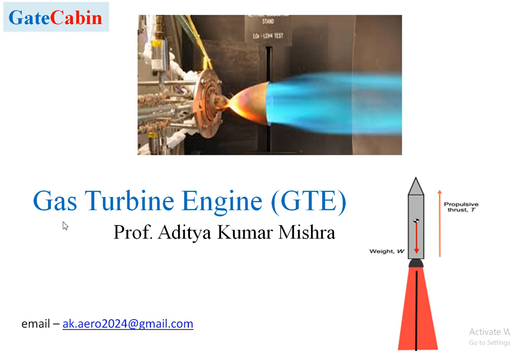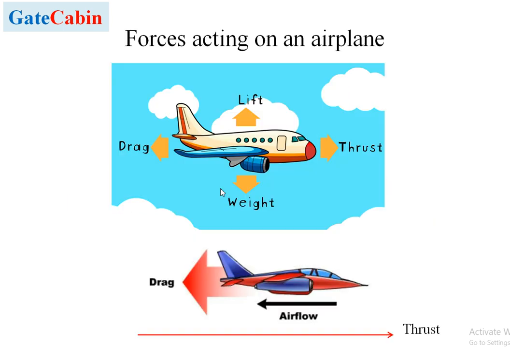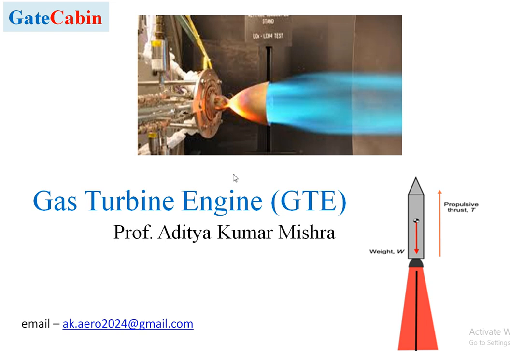So when we say gas turbine engine, what does that name imply? A gas turbine engine is an engine which works on gas, that means air or other kinds of gas. It is an engine with a gas as the working fluid, and it uses a turbine to generate mechanical energy by means of the gas.